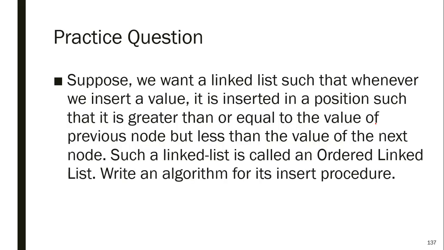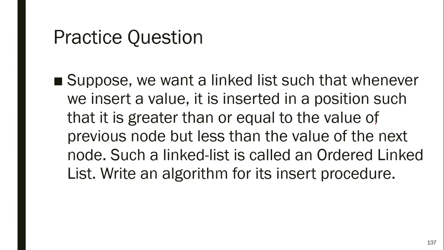Now there is a practice question for you. Up to now we have said that there is a linked list, and you all know how to insert a value, how to delete a value, how to read a value, how to update a value. Now suppose we want a special linked list where initially the list is empty, you insert the first value, and it is inserted, no problem.